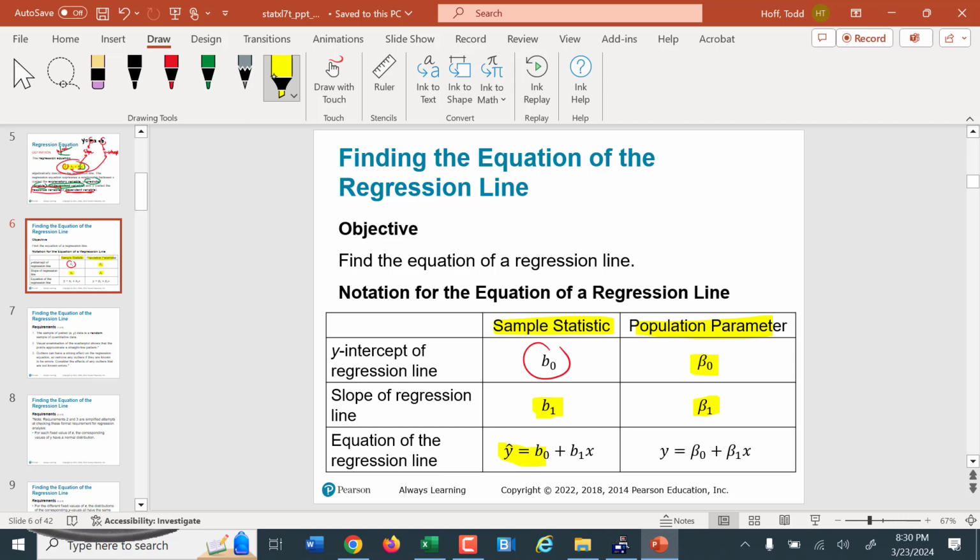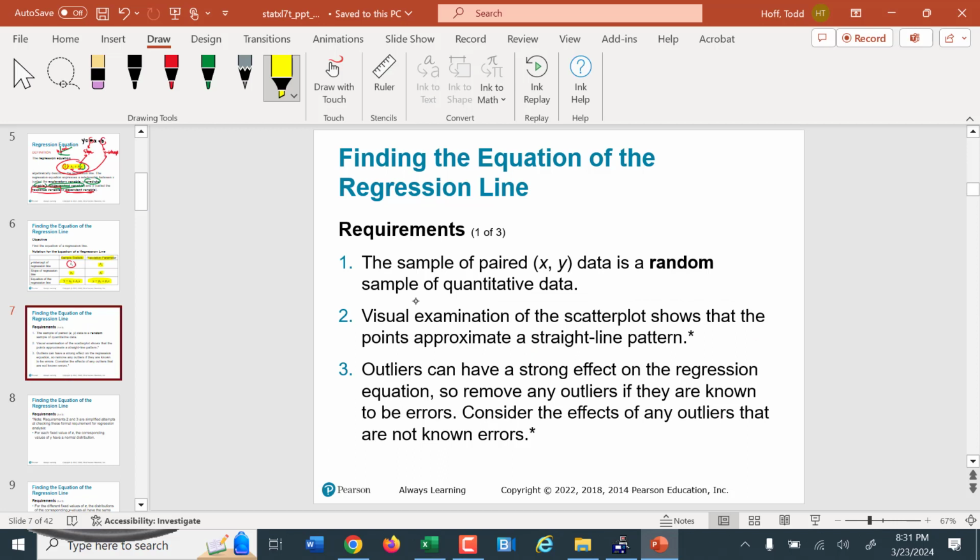So we're using this sample equation to estimate the population equation. Now remember, that is an estimate, it's based on our sample. If we were to select a new sample from the same population, we might get a slightly different equation. We probably will get a slightly different equation because hopefully we select different sample points.